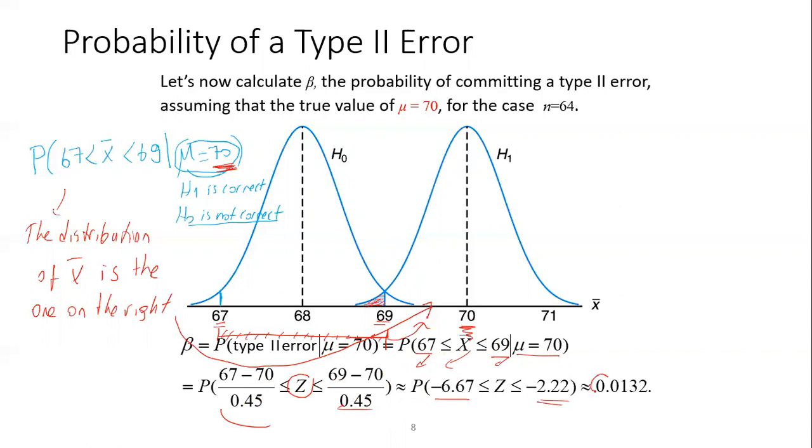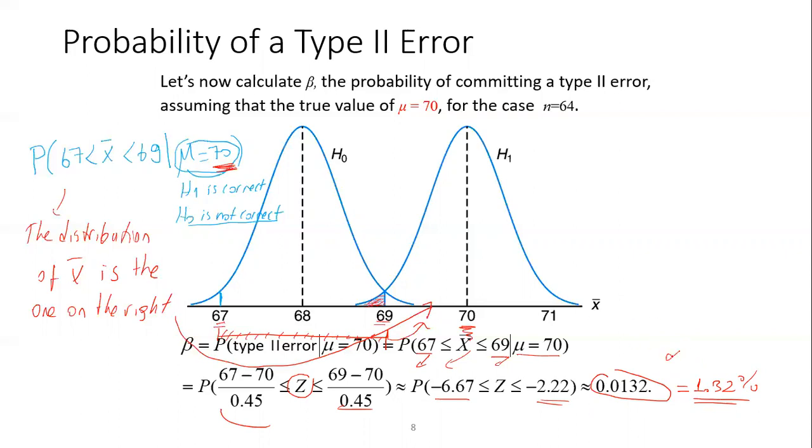So this probability is equal to 0.0132, which is equal to 1.32%. So the probability of making a type 2 error is only 1.32% when mu is equal to 70.